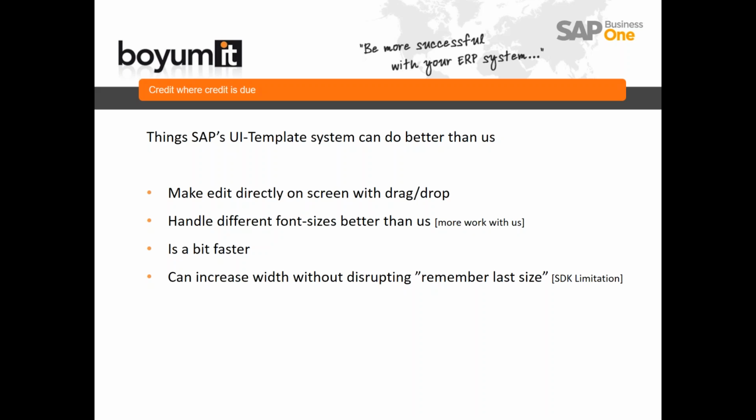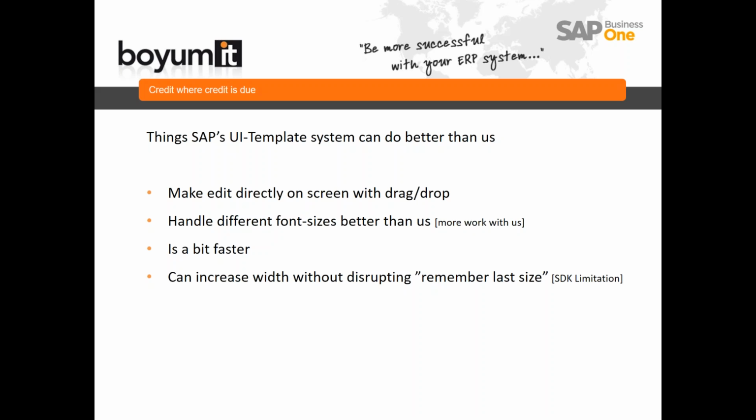They are also slightly better at dealing with font sizes. We have become much better at it with the latest 2 releases, where we have what we call relative placements. But they are in full control when they do their UI design. So if you especially work with very high font sizes, like 18 or 20 for the visually impaired, doing it in one font size scales better for them than we can do.